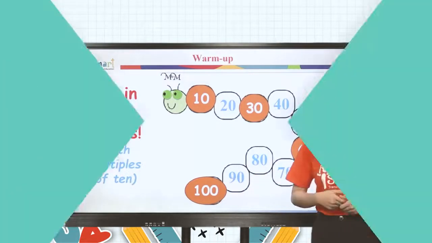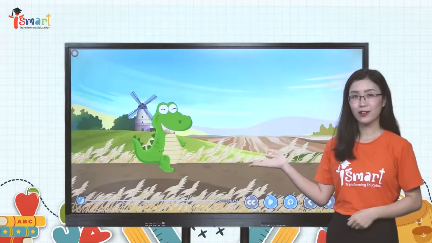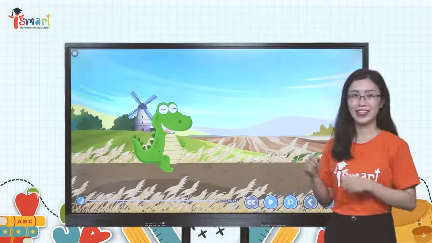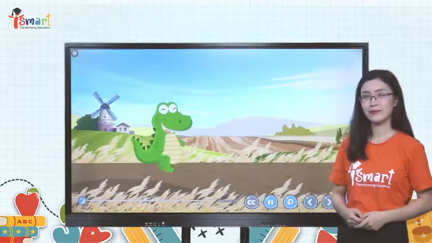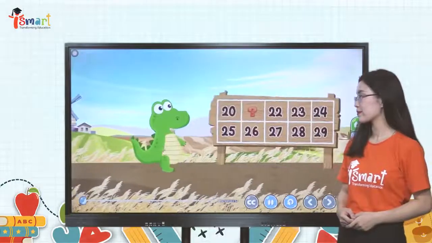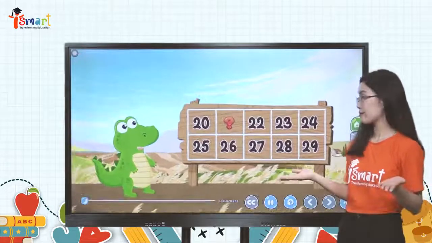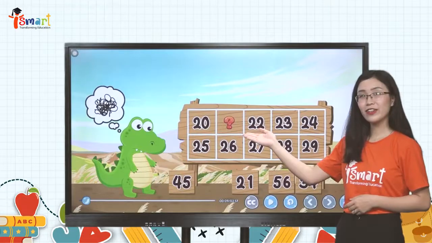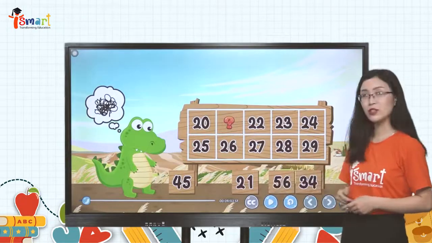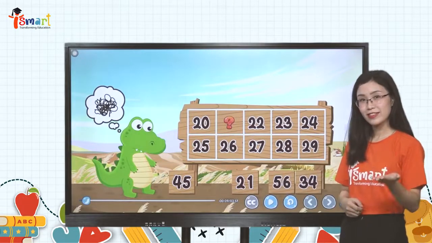Well done, students! This is Mr. Crocodile. Let's see what he is doing. Can you fill in the blank with these numbers? What is it?